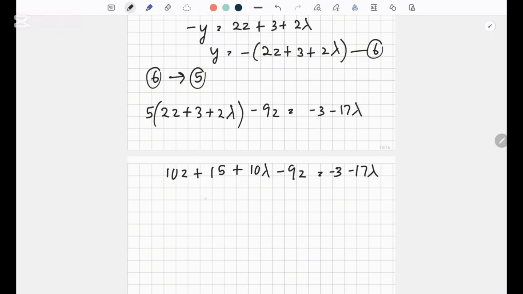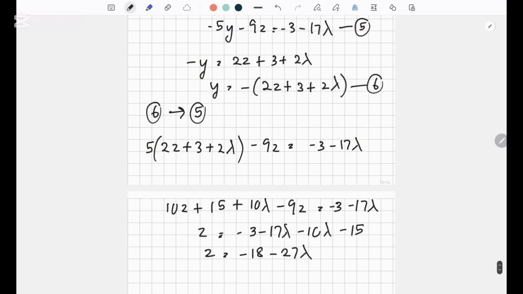And you get z equals minus 3 minus 17 lambda minus 10 lambda minus 15. z equals minus 18 minus 27 lambda.